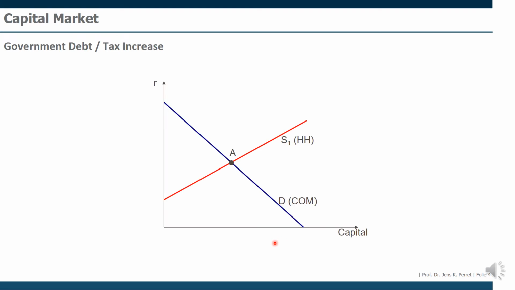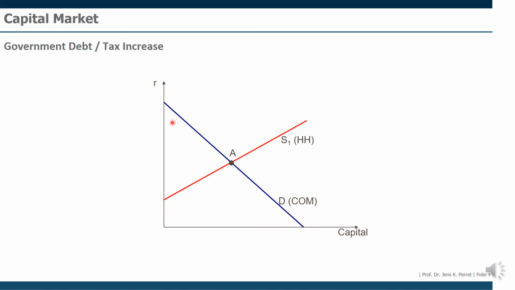Well, let's just consider the capital market as before. Now, if we have government debt, we assume that the government issues government debt obligations. So someone needs to buy the government debt obligations. And that's usually, in this model where we only have households and companies, the households. However, if the households buy government debt obligations, they have less money available for standard types of savings.